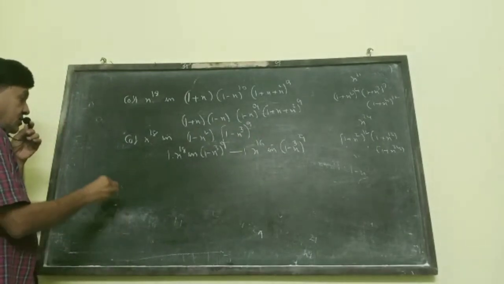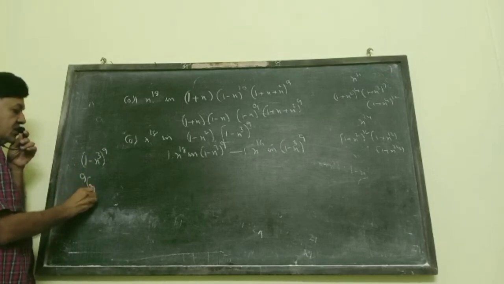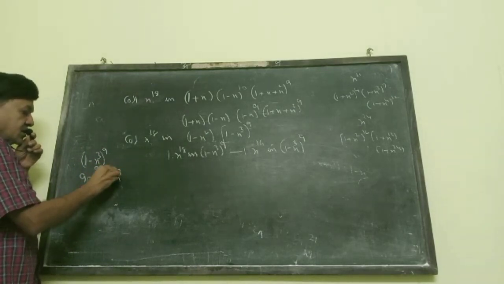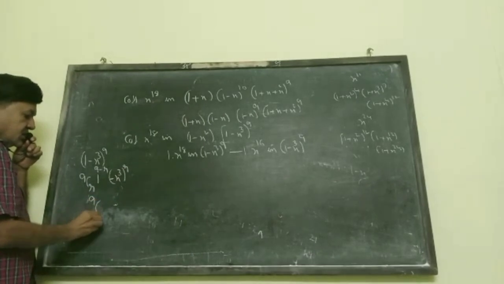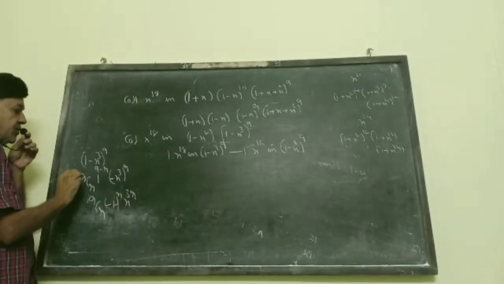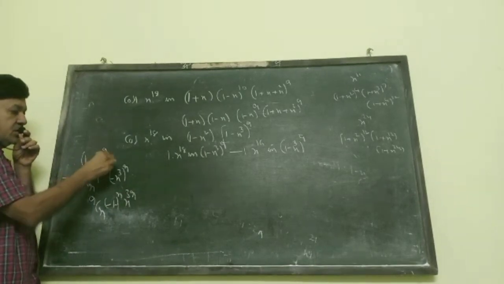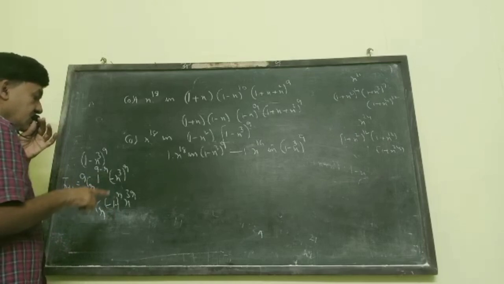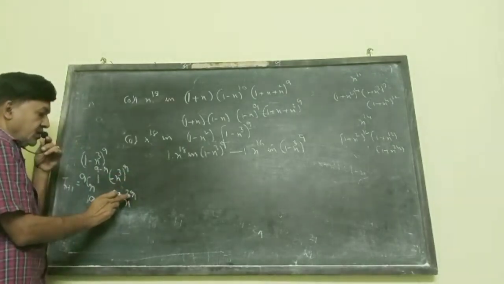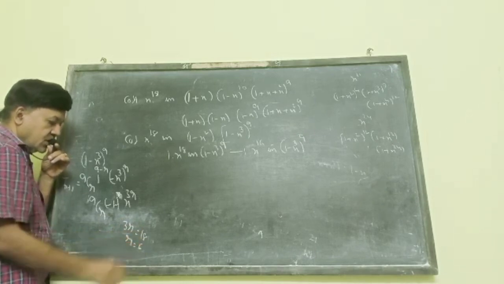Right? Now consider (1 - x^3)^9. What is the general term? 9Cr 1^(9-r) (-x^3)^r, so this is 9Cr (-1)^r x^(3r). So this is the general term in (1 - x^3)^9. Now listen, you require the x^18 coefficient, which means 3r = 18, then r = 6.